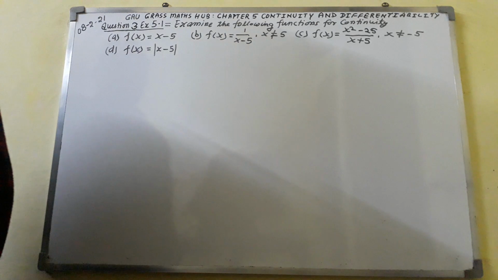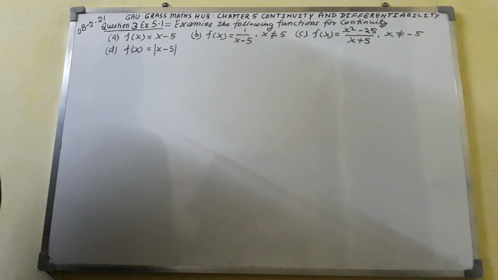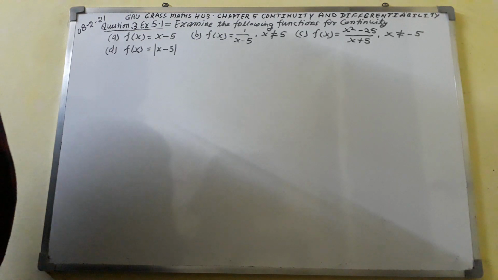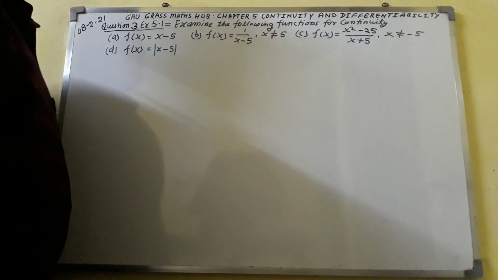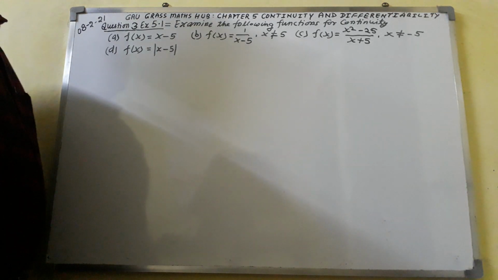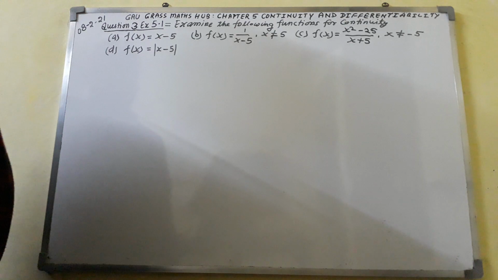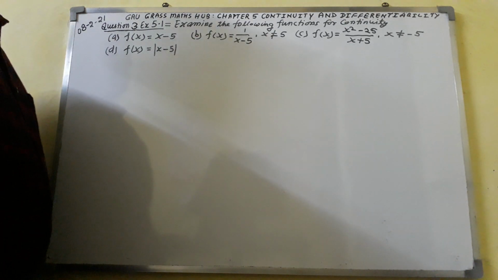I am going to discuss question number 3 that has been taken from exercise 5.1, chapter 5, continuity and differentiability. The question is: examine the following function for continuity. A. f of x equal to x minus 5.